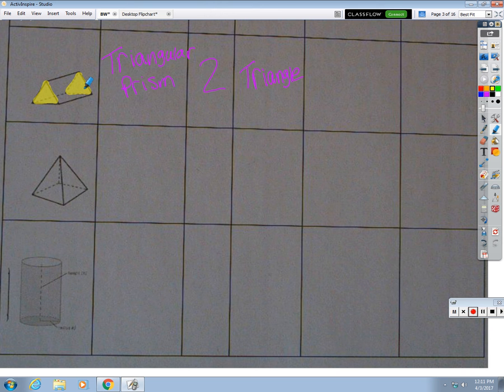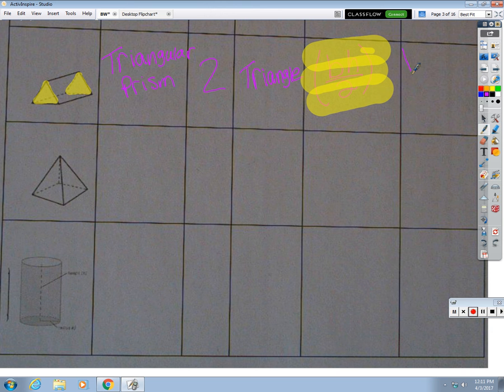Okay. All right. What is the formula that we need to use to find our big B, area of the base? Base times height divided by 2. I'm going to highlight that. That's my big B. That's my base. My yellow over here. I'm finding the area of this by doing this.